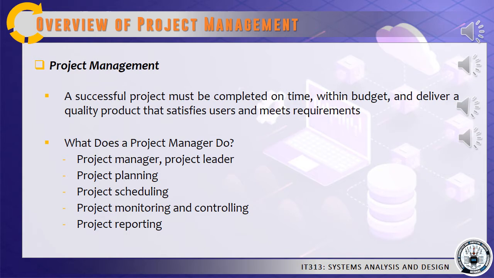In reporting, effective communication with all the stakeholders involved in the project must be done by the project manager, to again ensure that we are on track with the time, budget, and quality of the project that we want to achieve at the end.